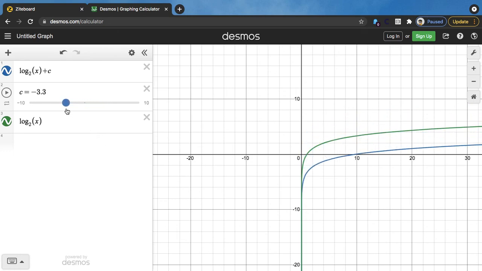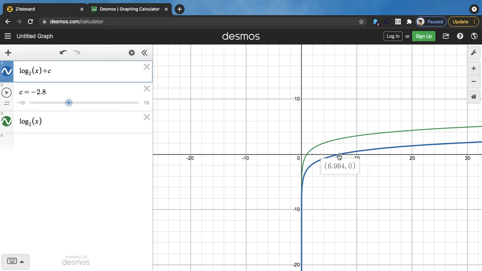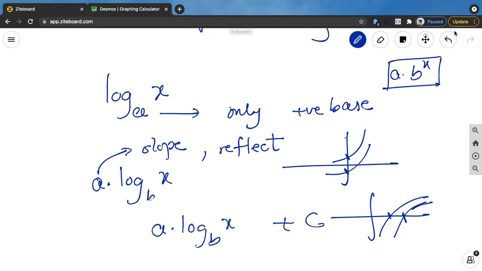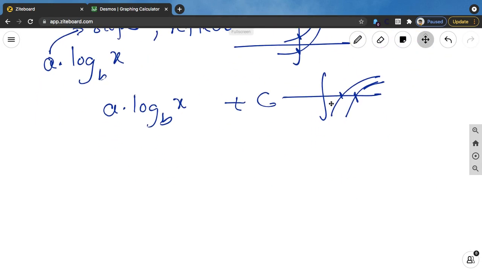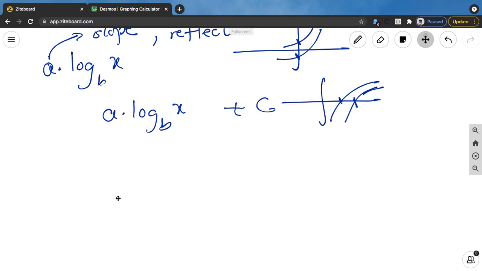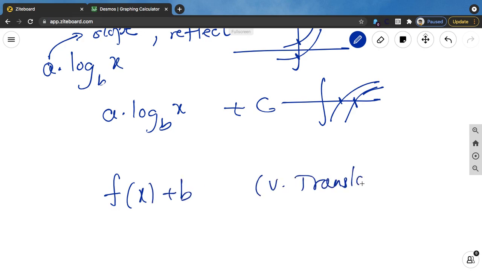So what you can do to show the change is mark and label the x-intercept, and that will show your vertical translation. So this is as far as transformation is concerned. You have to understand f of x plus b as a vertical translation. If it's positive, it goes up. If it's negative, it comes down.